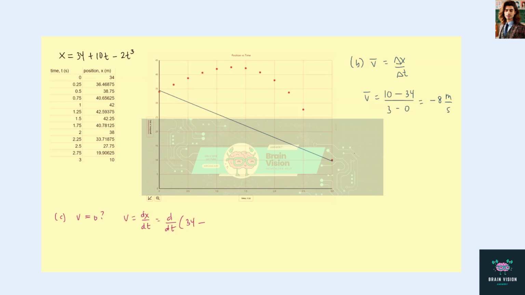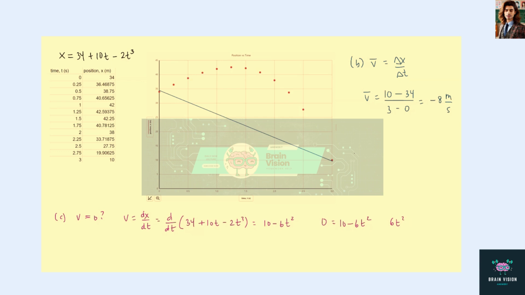So d/dt of 34 plus 10t minus 2t cubed, and that gives me 10 minus 6t squared, and now I can set that equal to 0. So 0 equals 10 minus 6t squared, which gives me 6t squared equals 10.